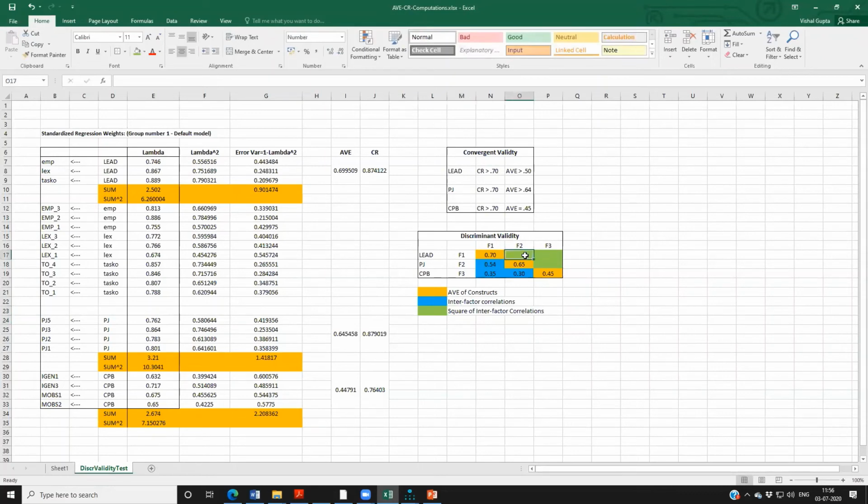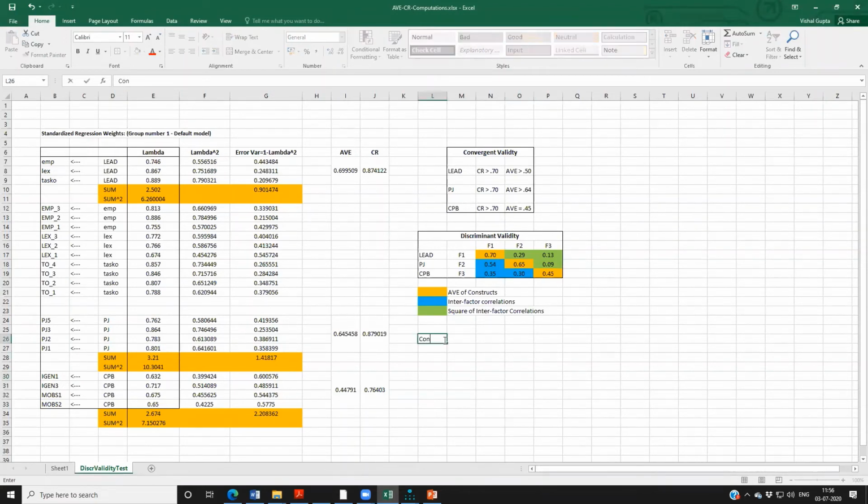And what is going to be the square of inter-factor correlations? This multiplied with itself is this number, and this multiplied with itself is this. Right, so we have now filled in this table of discriminant validity. We have the diagonal elements, below the diagonal, and above the diagonal.